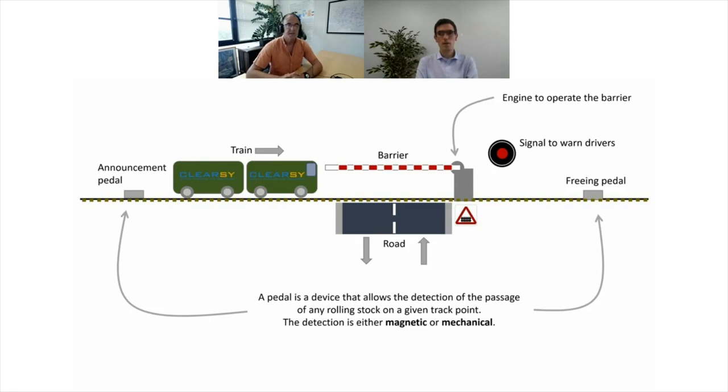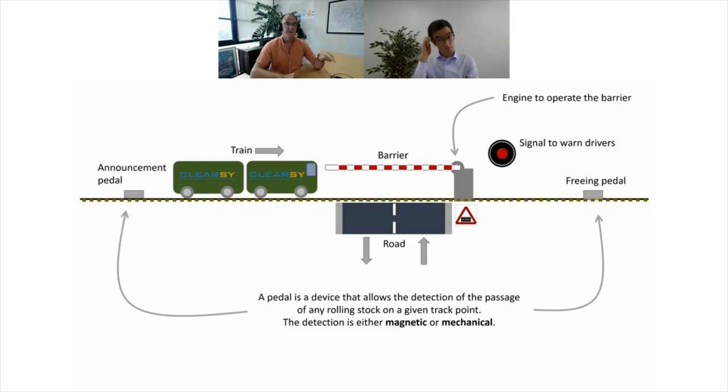The train is detected because we are using sensors called announcement pedals. A pedal could be physical equipment, so when the wheel of the train moves over this pedal, there is a contact, or it can be a magnetic sensor detecting the axle of the train. So you have an announcement pedal detecting the number of axles entering the area, and you have the freeing pedal at the exit.